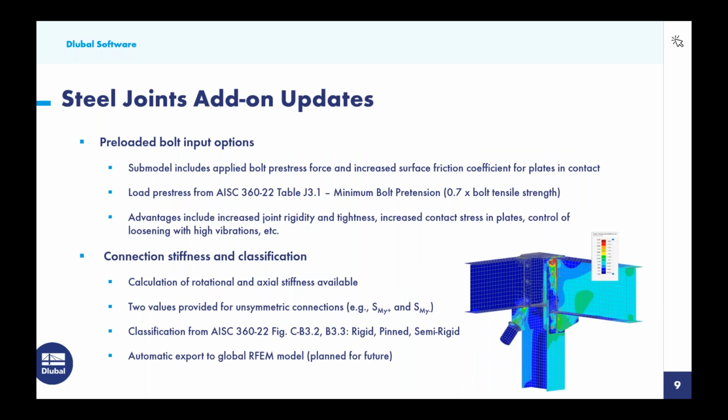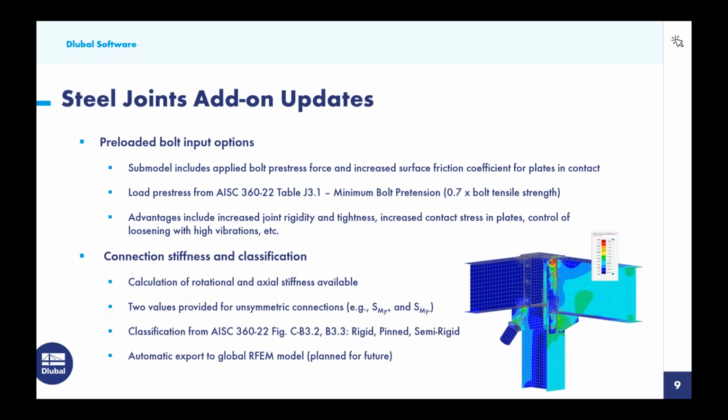So now moving on to a few of the updates that we have implemented in the steel joints add-on over the last year. This isn't an exhaustive list, but rather I just wanted to focus on a few of the main points. The first is the preloaded bolt input option. So now we have the ability to consider these preloaded bolts, where the submodel then automatically will include the applied bolt pre-stress force.